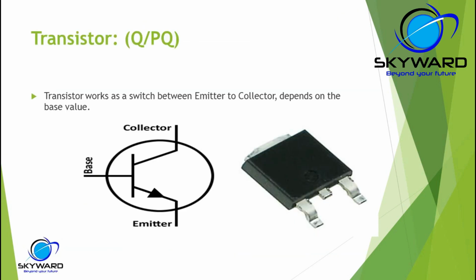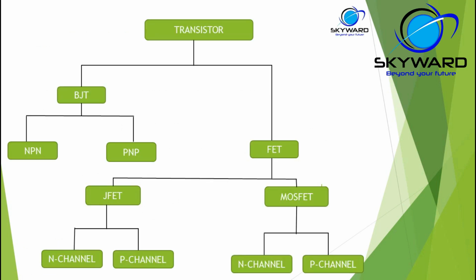On the board, the transistor locations are Q or PQ. Okay, so let's understand the family of transistors. Transistors are of two types. One is BJT and another is FET. In BJT there are two types, NPN and PNP, and in FET there are JFET and MOSFET.